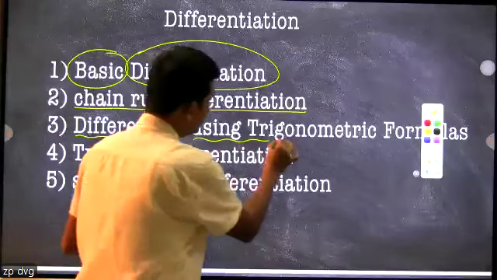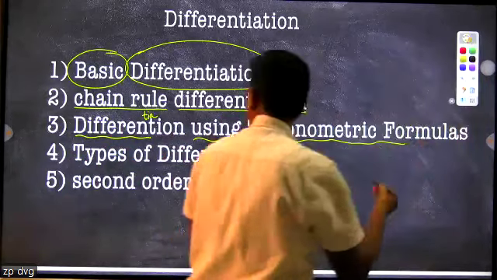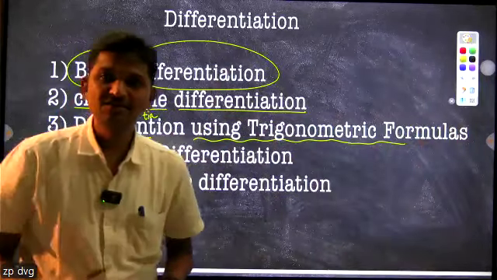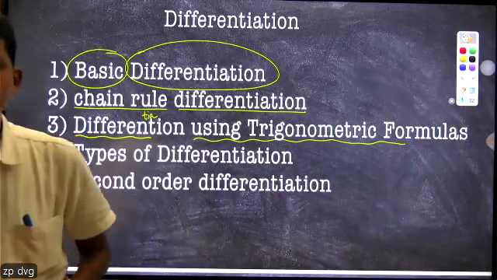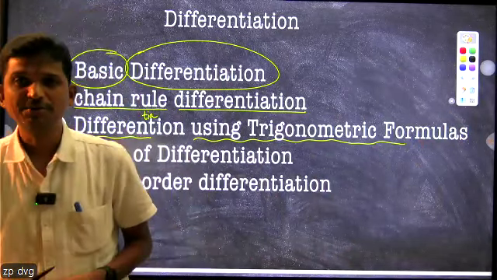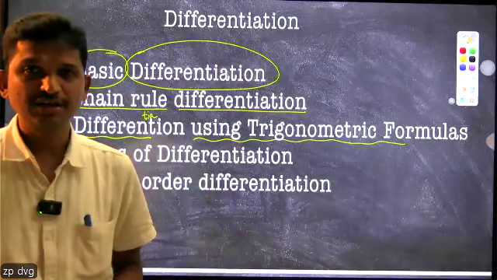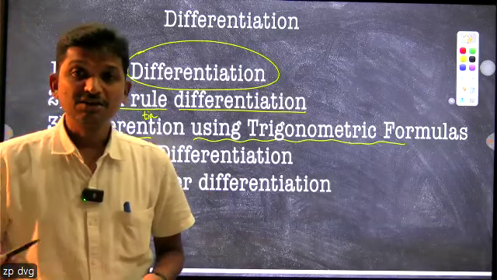Third one is differentiation using trigonometry formulas. They'll give some trigonometric functions and ask you to differentiate. We simplify that function using trigonometry formulas and then differentiate. That type of problem is also there, especially with inverse trigonometric functions.